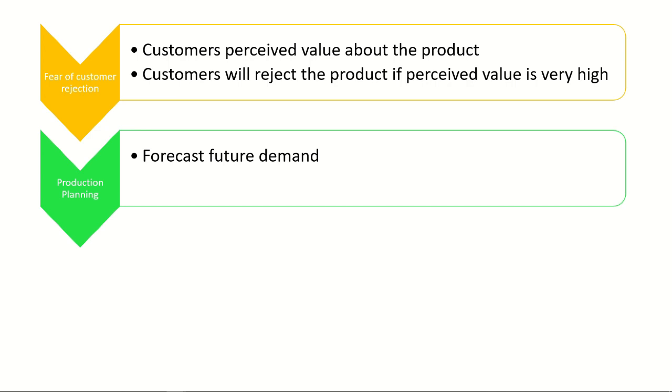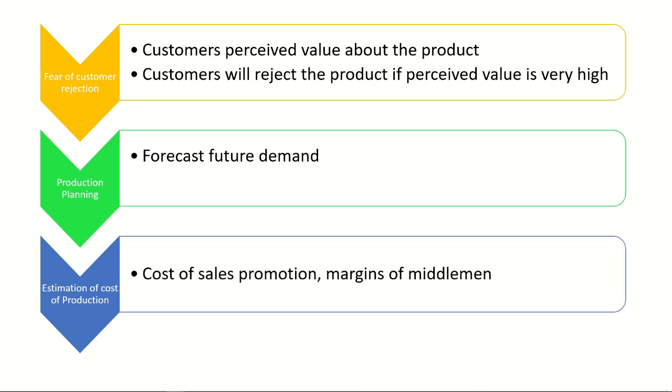And the estimation of the cost of production is another difficulty, because we don't know the cost of sales, promotion, and margins of middlemen, because we know the cost of these items only after releasing the product. So this adds more difficulty, because it can be known only after introducing the product in the market.